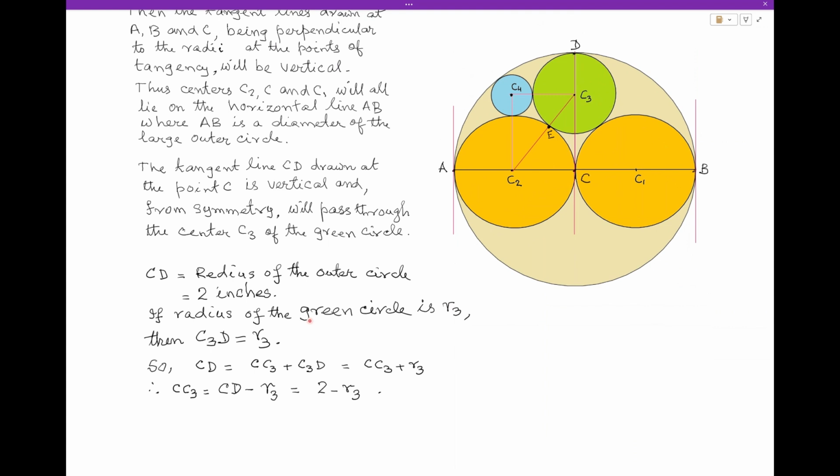If the radius of the green circle is R3, that is, if this radius is R3, then C3D is R3. So, CD is equal to CC3 plus C3D.